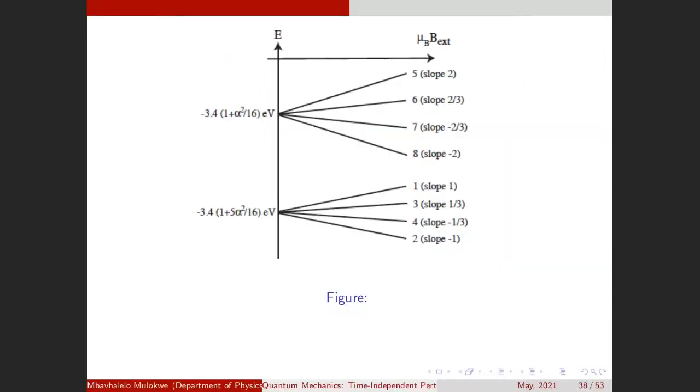So, if you wanted to plot them, these are the fine structure energies, which correspond to setting the magnetic field to 0. The hydrogen atom for n equals 2 was highly degenerate. Once you start applying this magnetic field, you have the minus 3.4, 1 plus alpha squared over 16.